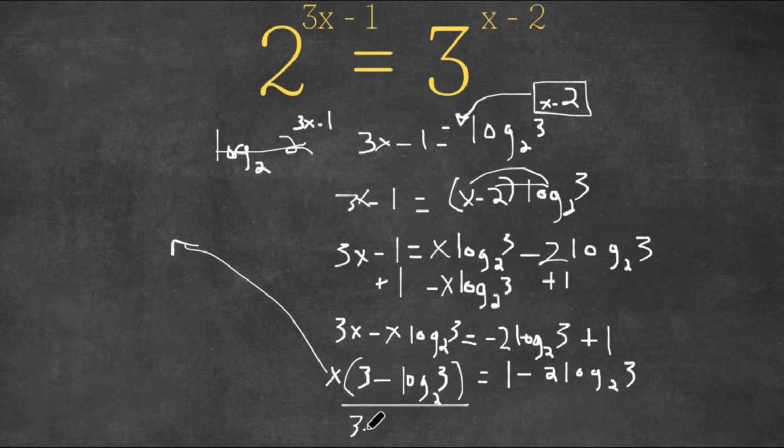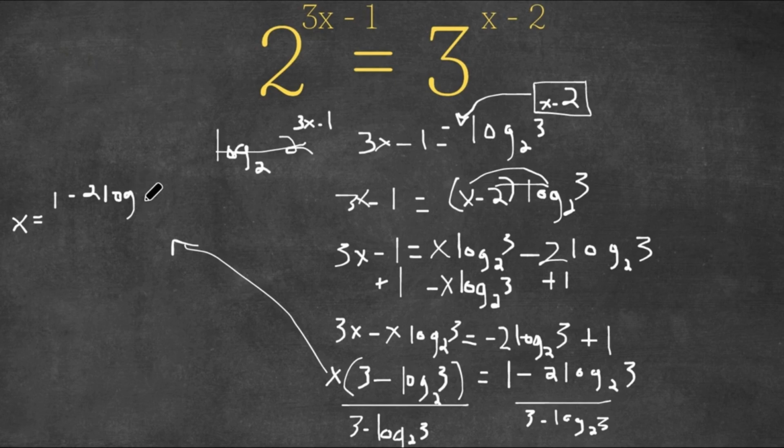So if we divide by this on both sides, we get that x here equals 1 minus 2 log subscript 2 of 3 over 3 minus log subscript 2 of 3.